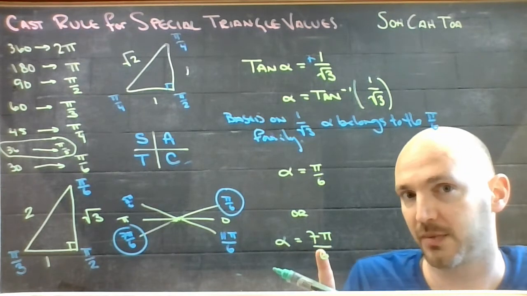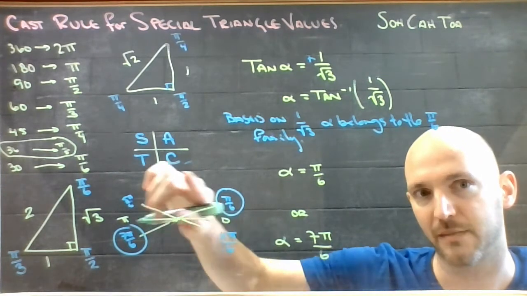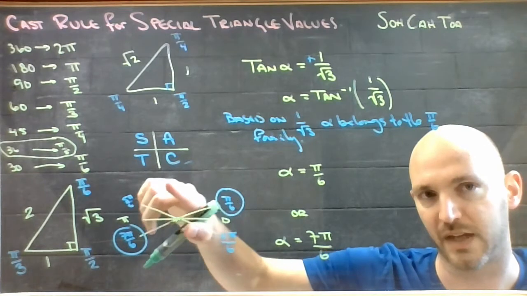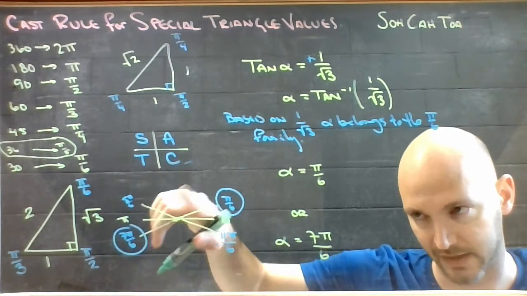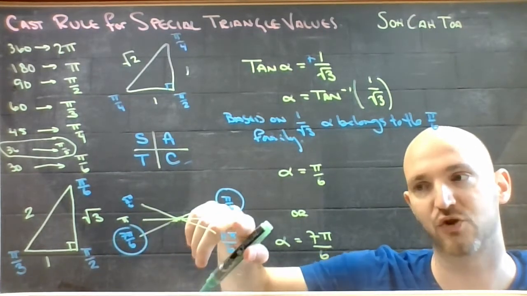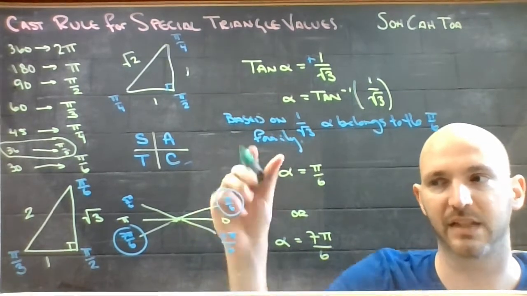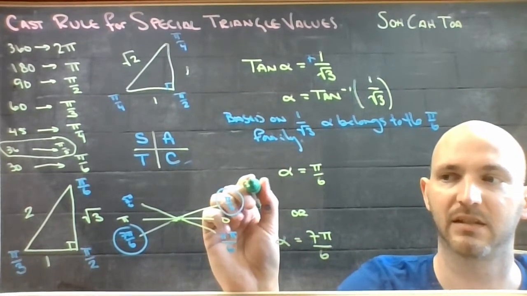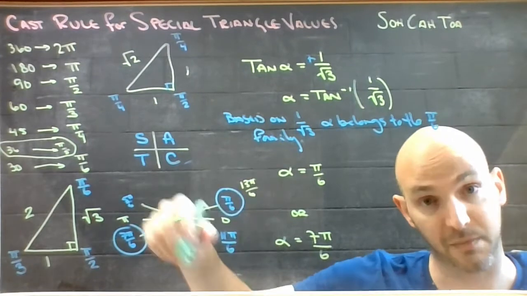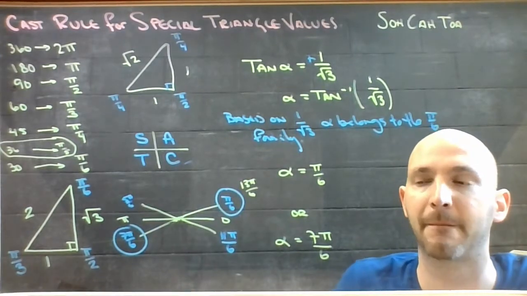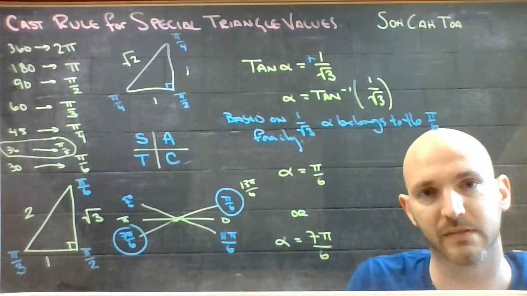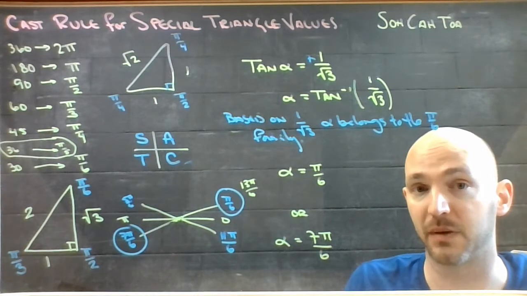The last little complicating detail is that if I'd kept counting, right, 1 pi over 6, 2 pi over 6, 3 pi over 6, etc., 11 pi over 6, 12 pi over 6, the next one here would have been 13 pi over 6 if we kept going, if we looped all the way around. So you notice that it's in this quadrant, and it's a pi over 6 family member.